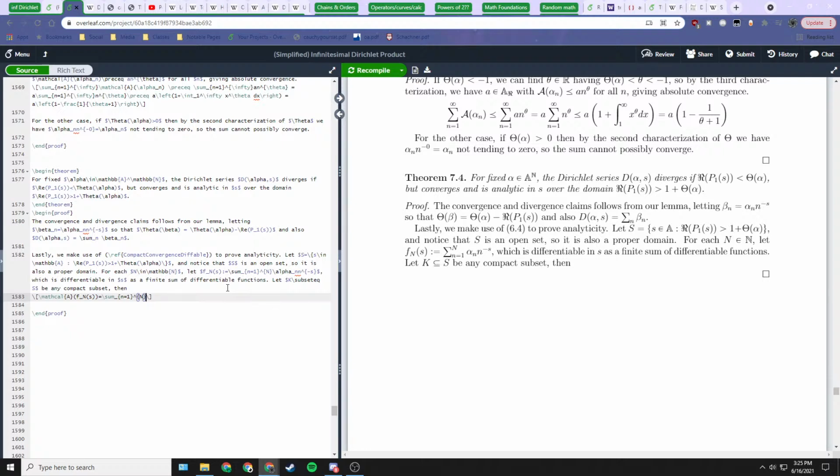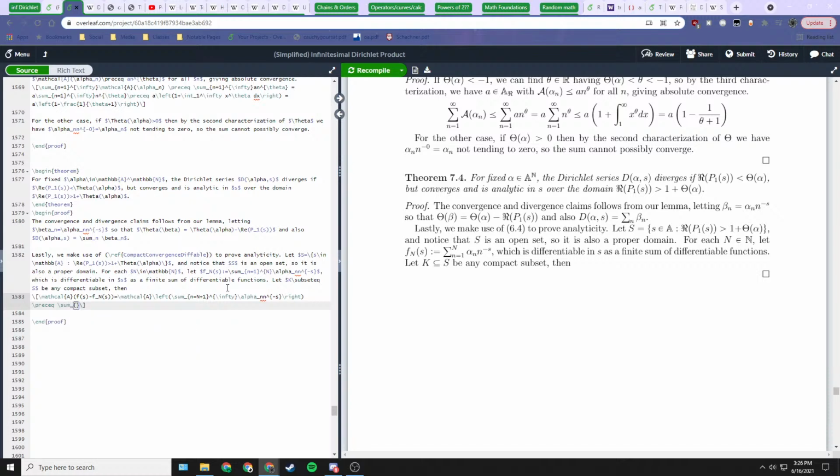Oh, it should actually not be f sub n. It should be f of s minus f sub n, being the summation from n plus 1 to infinity of alpha sub n n power minus s, and then this will be bounded.